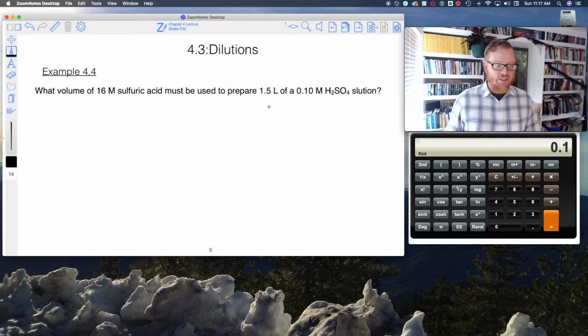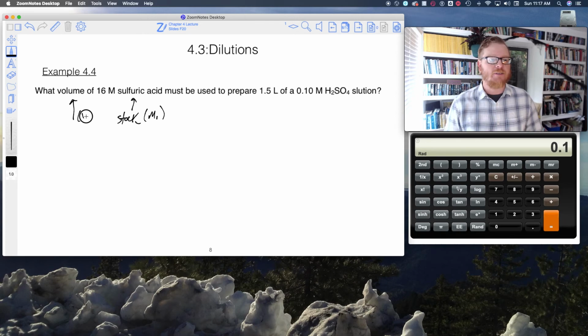Okay, and what volume, so this I'll just tell you is our stock, the 16 molar, and if I would call that M1, so what volume of this, so that's V1, that's what it's asking us for. Used to prepare 1.5 liters of a 0.1 molar sulfuric acid solution. So this 1.5 liters is going to be V2, and the 0.1 molar is going to be M2. So see if you can solve for V1.